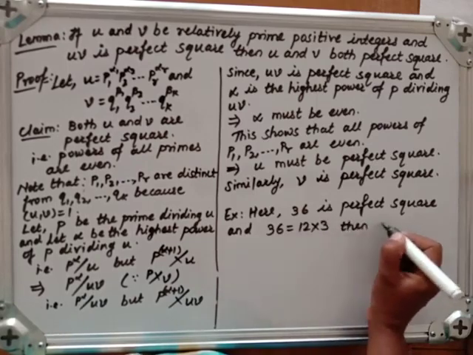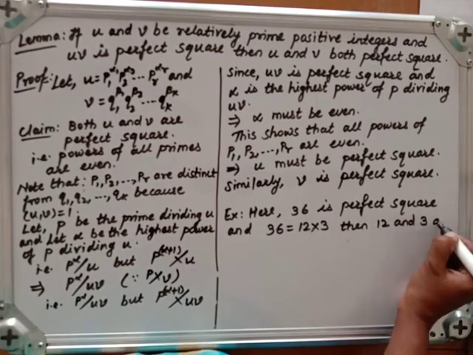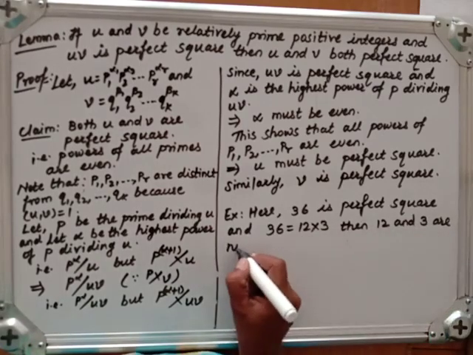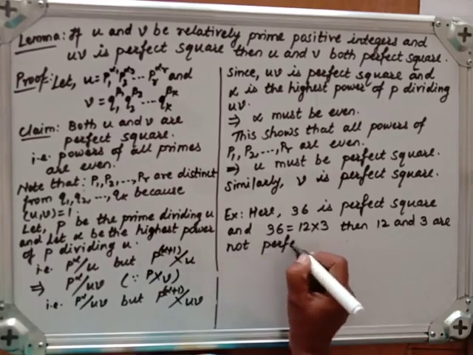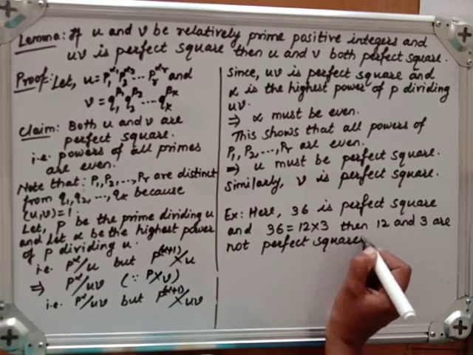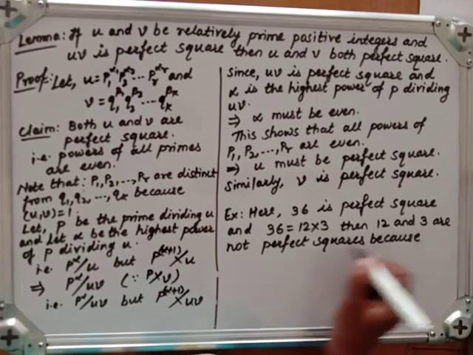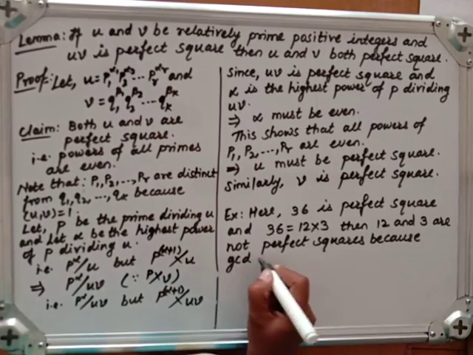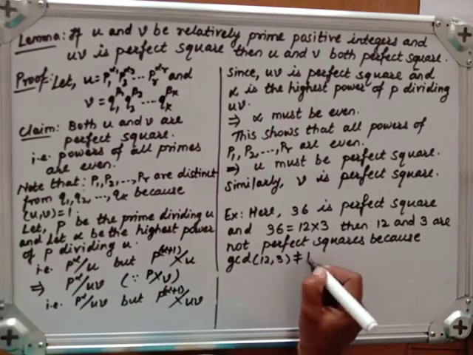Then 12 and 3 are not perfect squares, because GCD of 12 and 3 is not equal to 1.